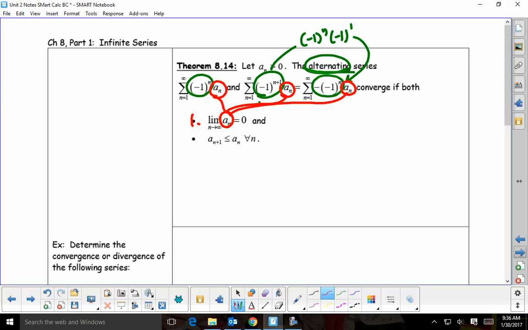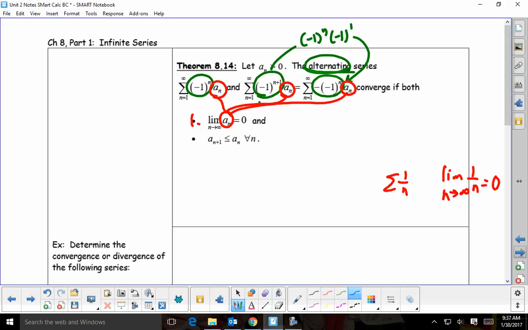Nothing. It just tells us this could converge, but we don't know yet. It's saying, I have an inkling that it's going to converge. Let's do this one quickly as a little side note. What's this limit? 0. But what do I know that does? Does the limit equaling 0 mean it converges? No. The limit equaling 0 tells us nothing so far.